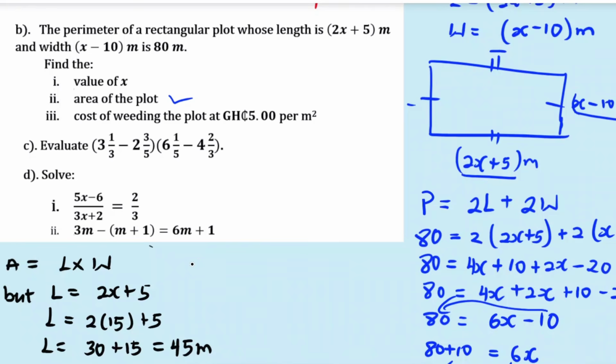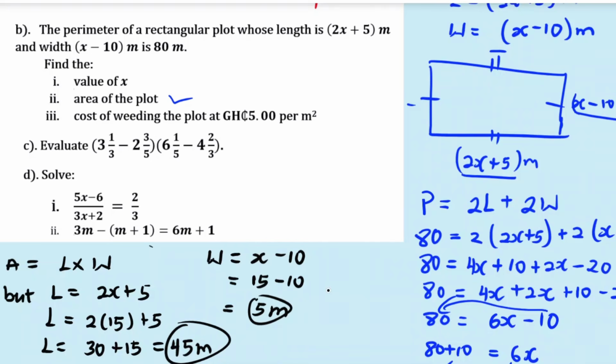Now we can also find the width. The width, as given in the question, is x minus 10. So now that we know that x is equal to 15, we just have to replace 15 here, now minus 10. So the width is also equal to 5 meters. So we have everything needed to find the area of this rectangle.